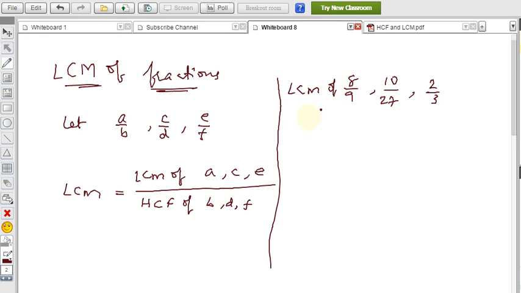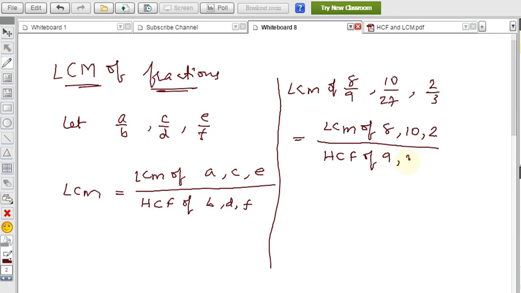Now LCM of this. According to the formula, LCM of the numerators, LCM of 8, 10, 2, by HCF of 9, 27, 3. So we'll separately find out the LCM of 8, 10, 2 and the HCF of 9, 27, 3.